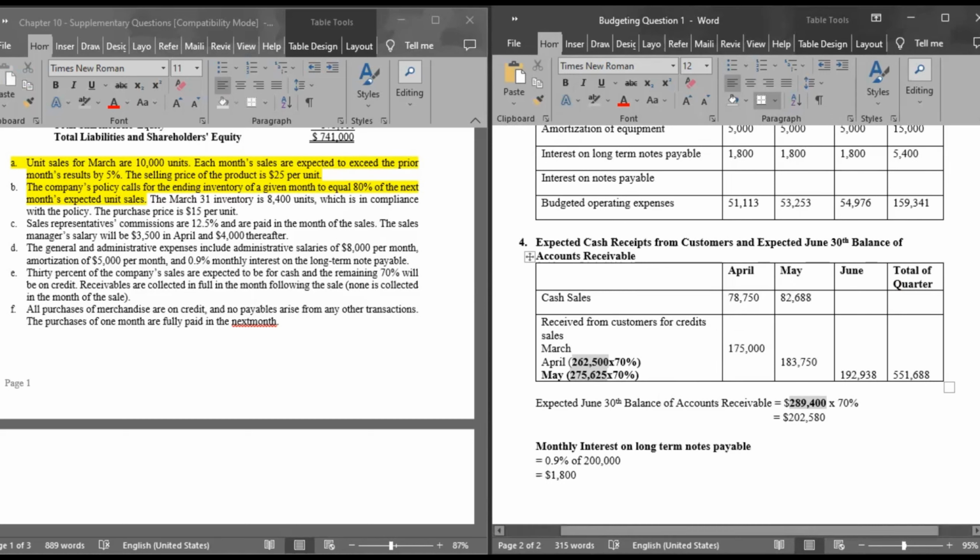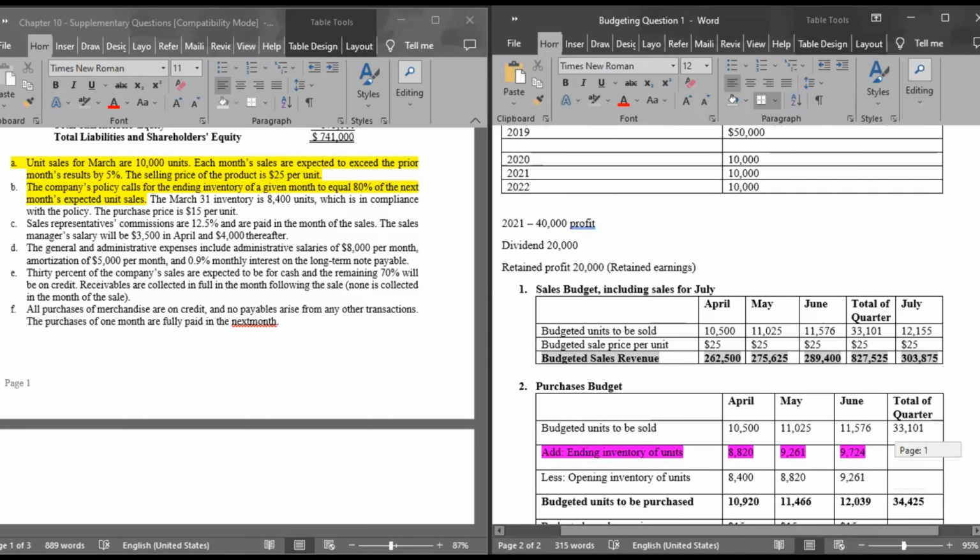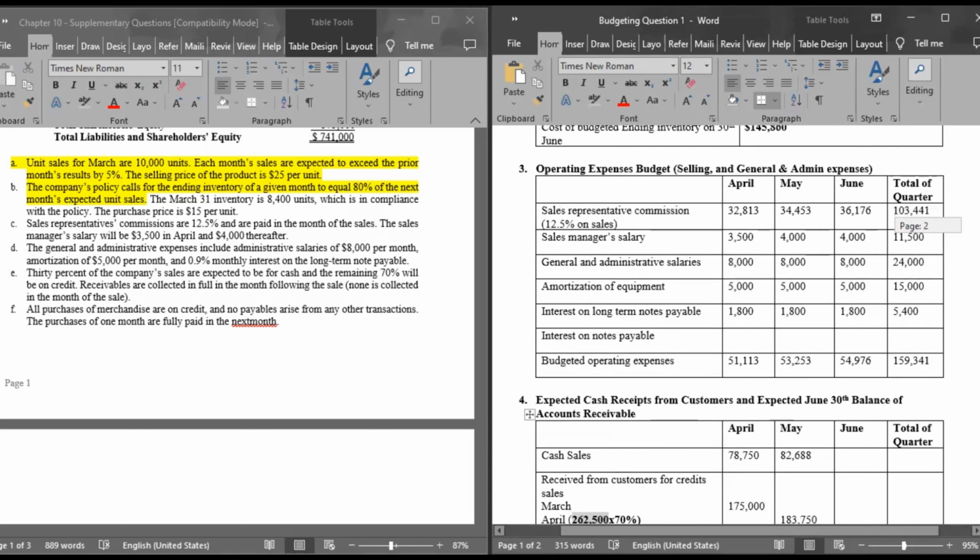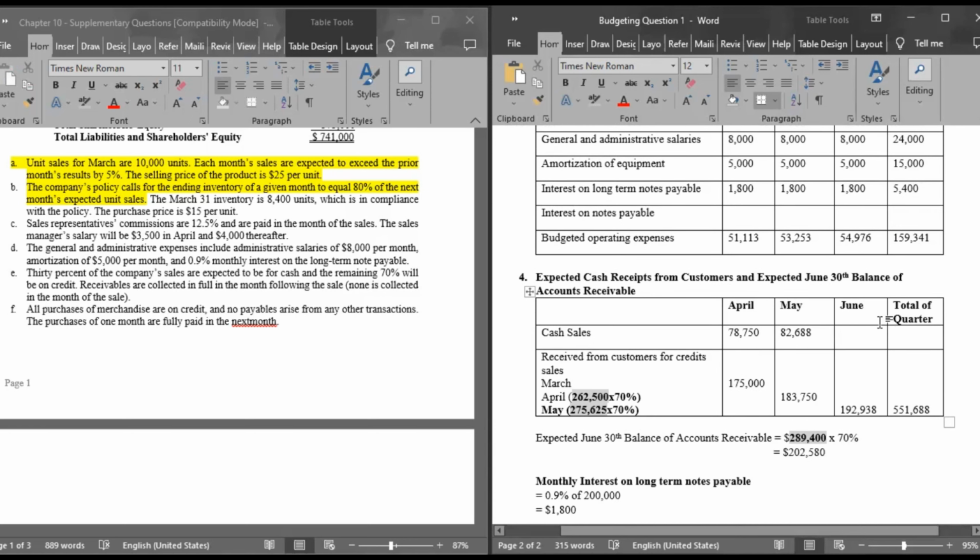Then for June, we have sales 289,400, take 30%: 86,820. Make a total for the quarter.